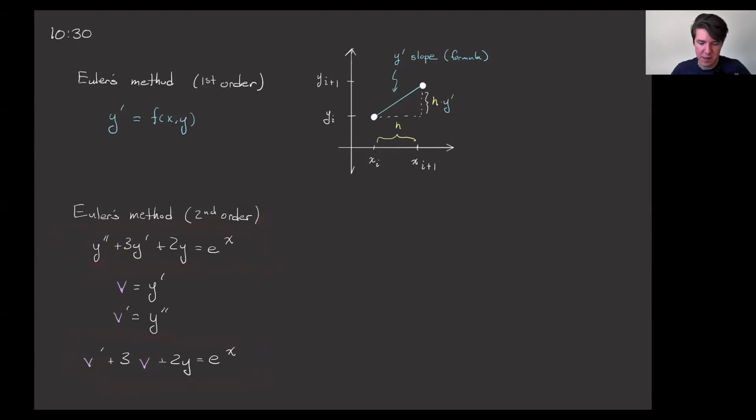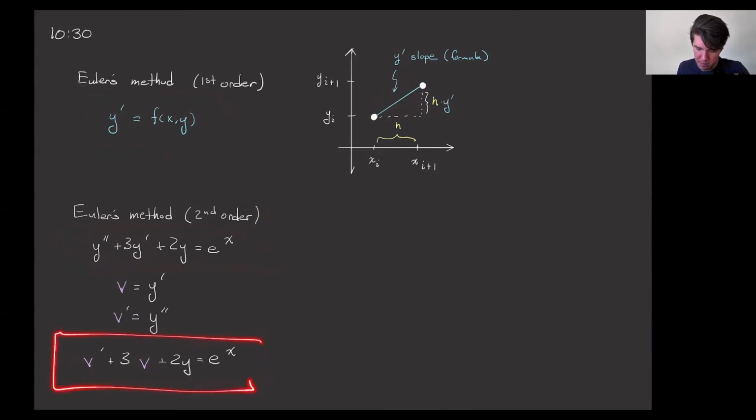Okay, so how is this helpful? Why do we bother to do this? Well, back up in the first order Euler's method, we had y prime equal to some function of x and y. That allowed us to use this slope to compute a new y value. Now we're in a similar position.